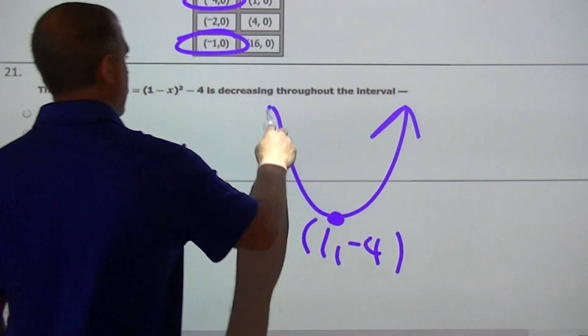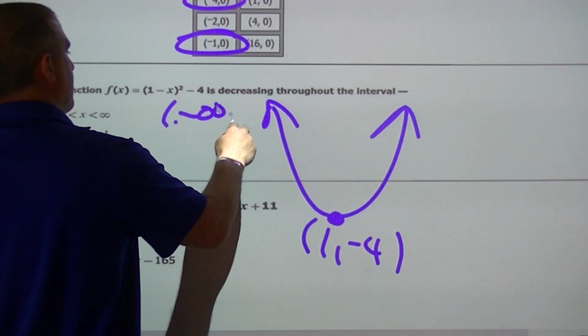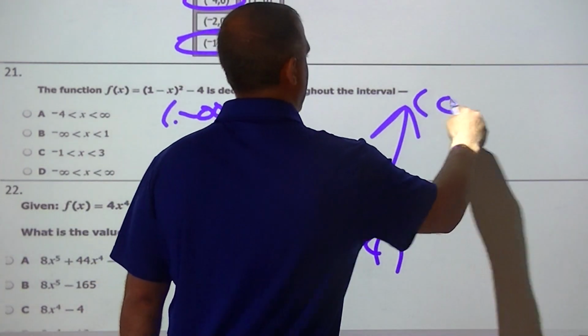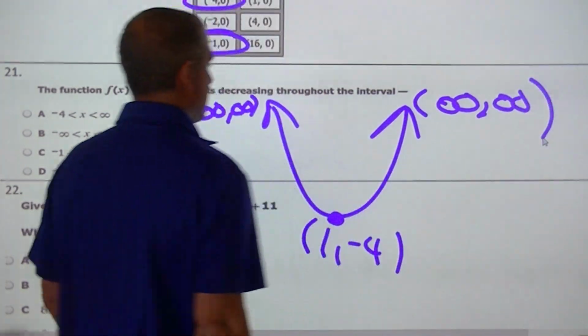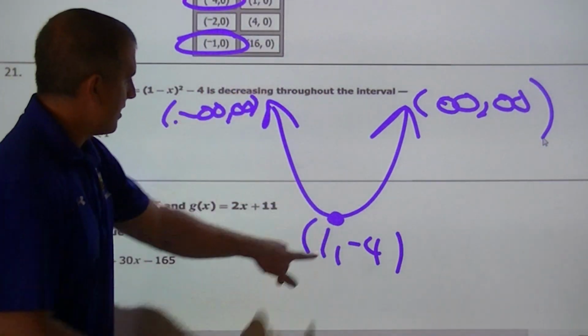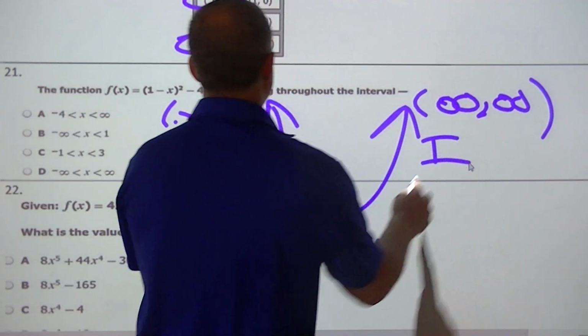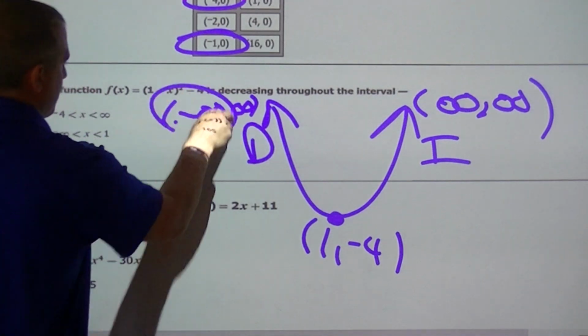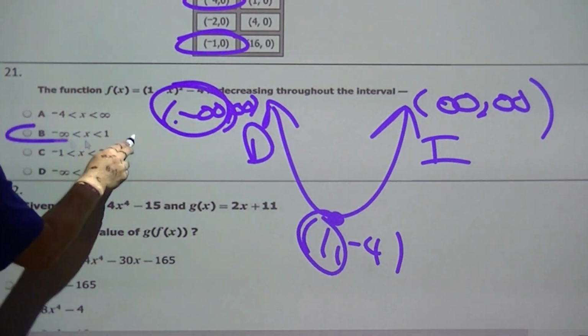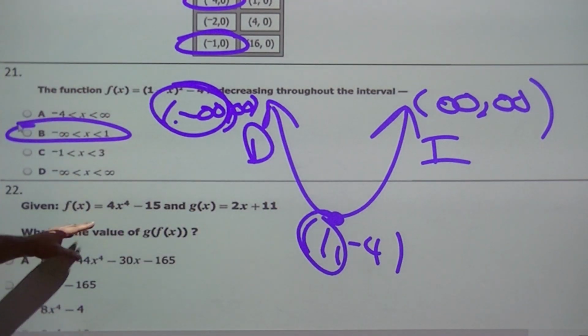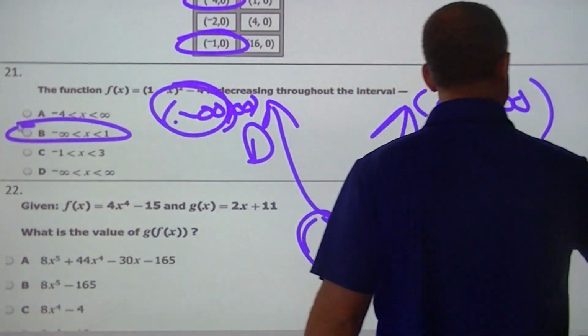If I'm labeling the arrows, this would be negative infinity, positive. This would be positive, positive. We've done that all year. Start here. That's a decrease. Here's the increase. They want the decrease, so it's decreasing from negative infinity to 1.